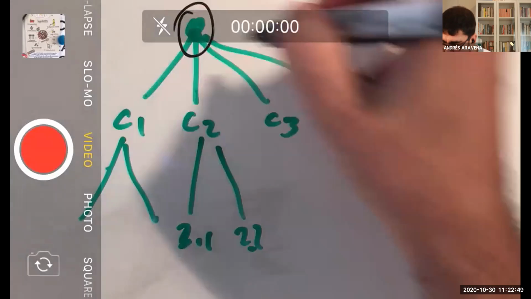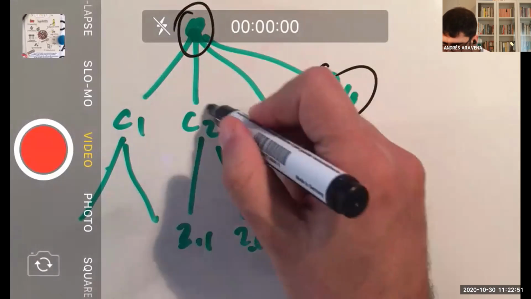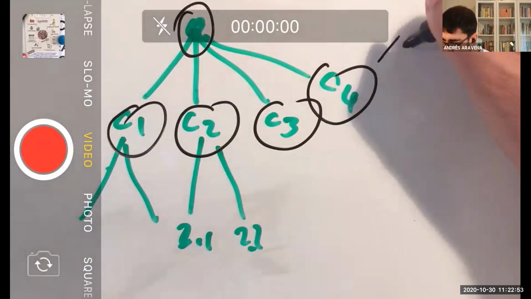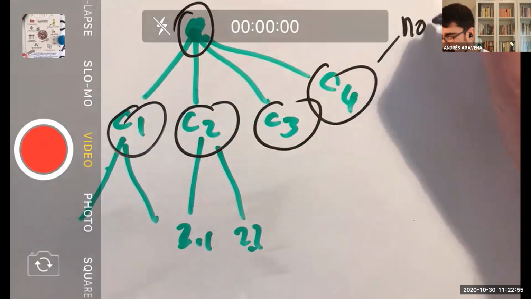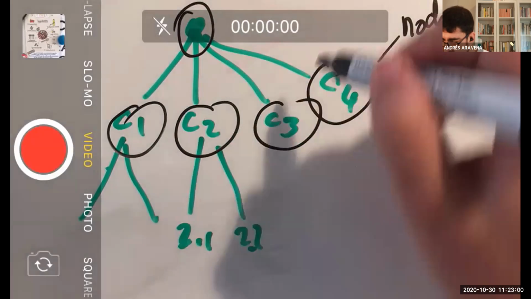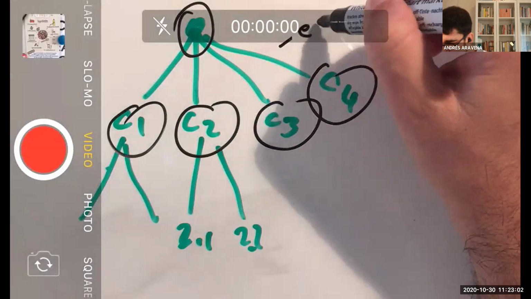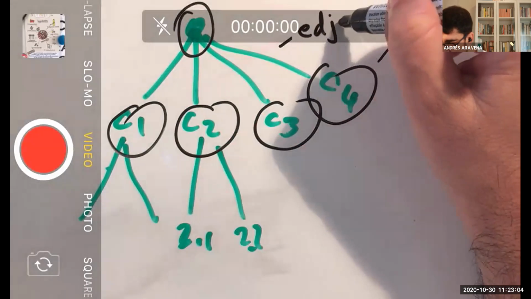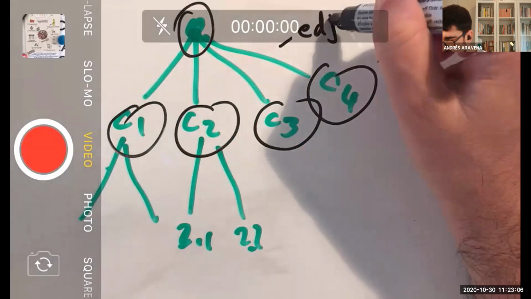Each one of these elements here is called a node in a tree in general. Let me put the general thing. These lines are called edges.